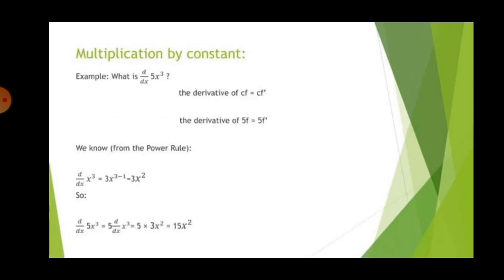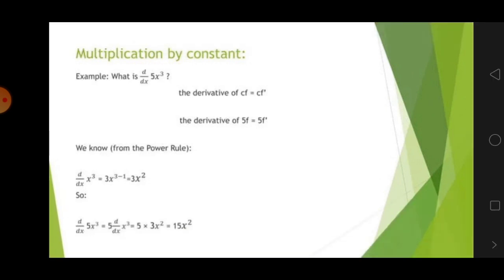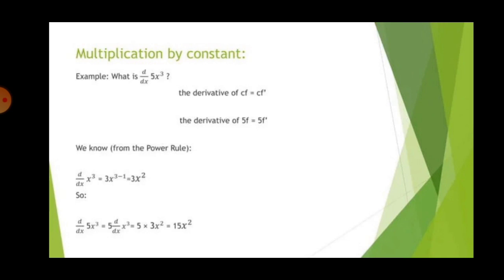Next, multiplication by a constant. Example: what is d all over dx of 5x cubed? The derivative of cf is equal to c times f prime. The derivative of 5f is equal to 5f prime. We know from the power rule that d all over dx of x cubed is equal to 3x to the power of 3 minus 1, so it will be 3x squared.